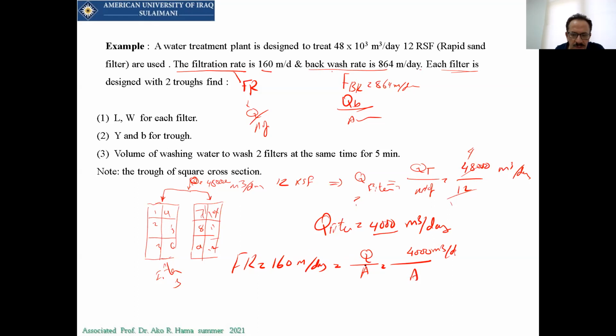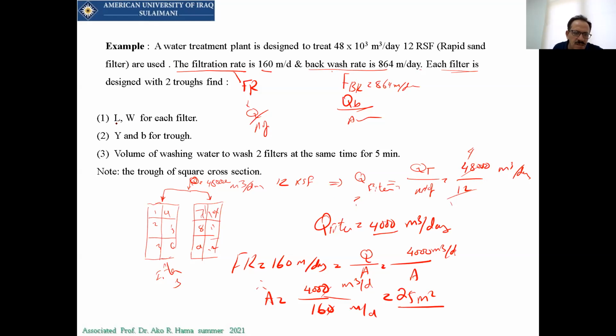From this, I can say the area of one filter is equal to 4,000 divided by 160 meter cube per day per meter per day, which gives you 400 divided by 16. It's equal to 25. So 25 meters square is needed just for that filtration rate.